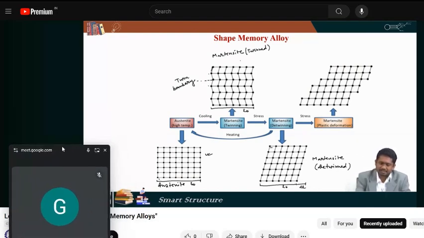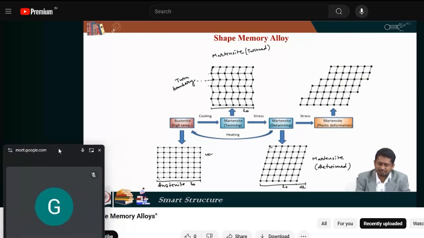Now if I have a shape memory alloy material in the twinned martensite phase, let's say that is our shape memory alloy wire that we saw before, and then we apply load to it, so there is stress and it deforms and becomes detwinned, and it can further deform after the twinning breaks.